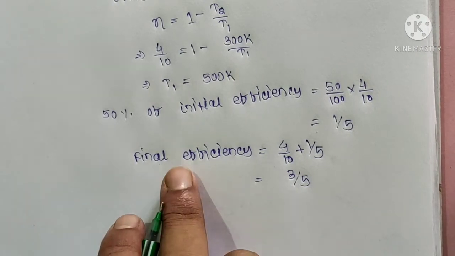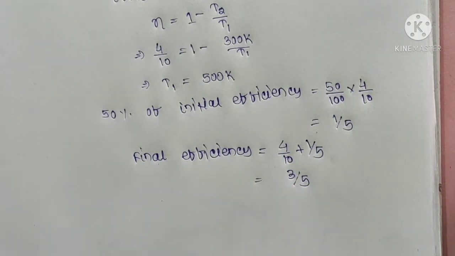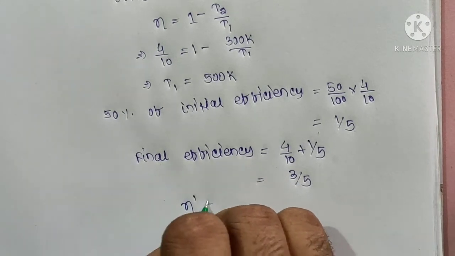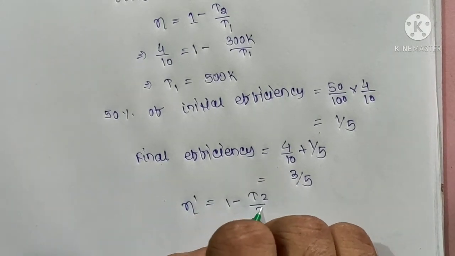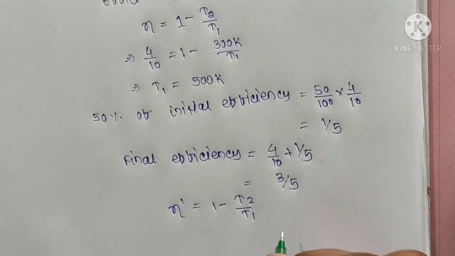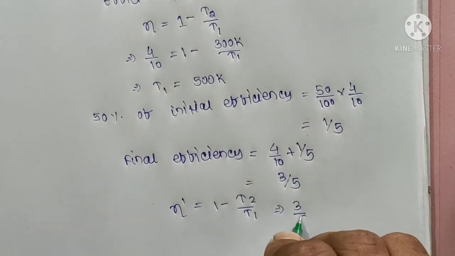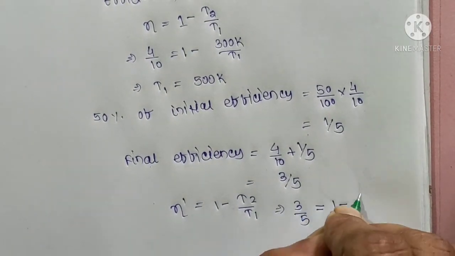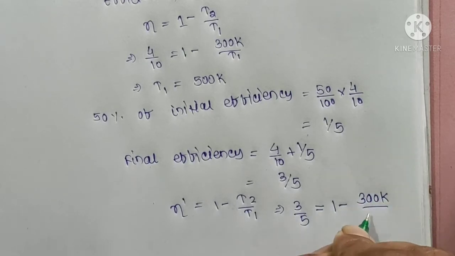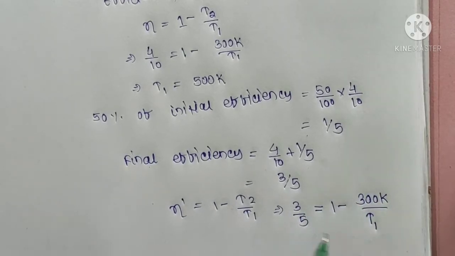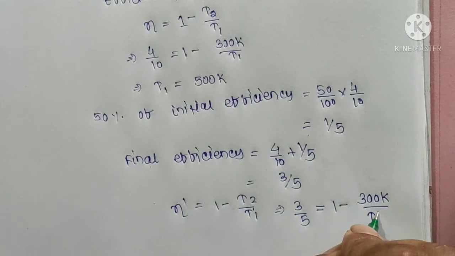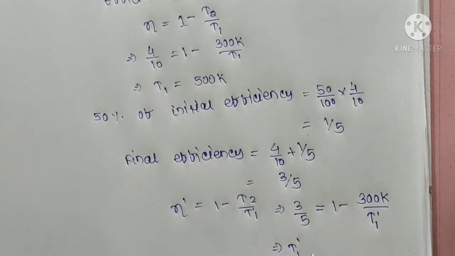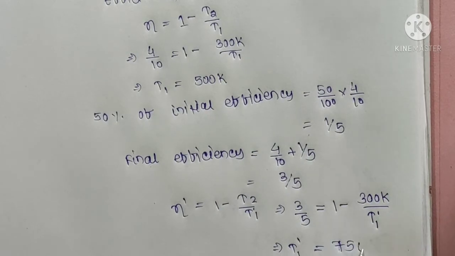So by using this efficiency again we can calculate the source temperature. Okay, so efficiency is equal to 1 minus T2 by T1 and 3 by 5 equal to 1 minus 300 Kelvin by T1. अच्छा, इसको T1 dash कर लो तो सही रहेगा. So T1 dash from here, now you can calculate it is 750 Kelvin.